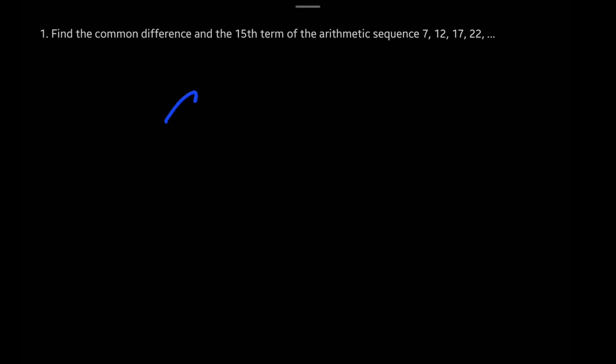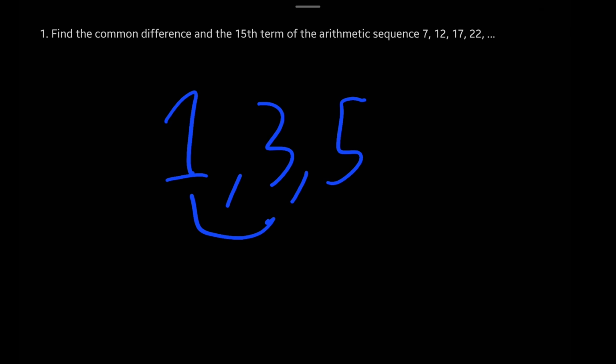So an example would be 1, 3, and 5. This is a sequence, and more specifically, this is an arithmetic sequence. The reason being is that the difference between the first term and the second term, and the second term and the third term, and so on, is the same. So the difference between 3 and 1 would be 2, and the difference of 5 and 3 would be 2.